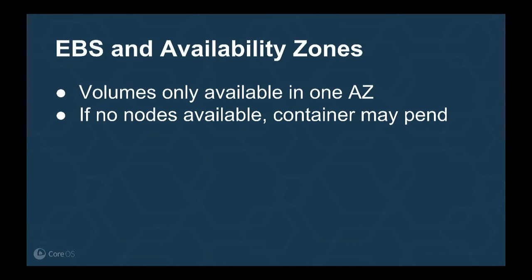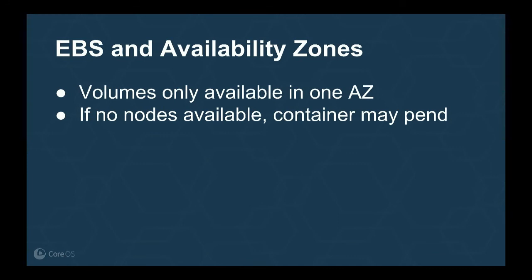There could be a situation where your application gets moved from one node to another, and the other node that it moved to, for reasons of resources and things like that, is a node where the EBS volume that it was using can no longer be attached.